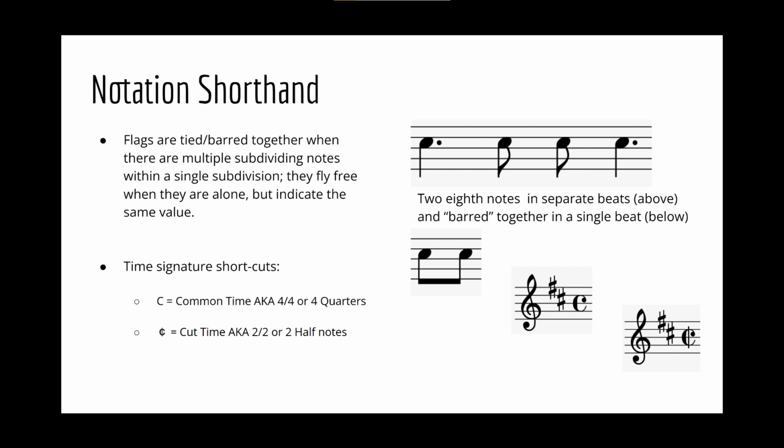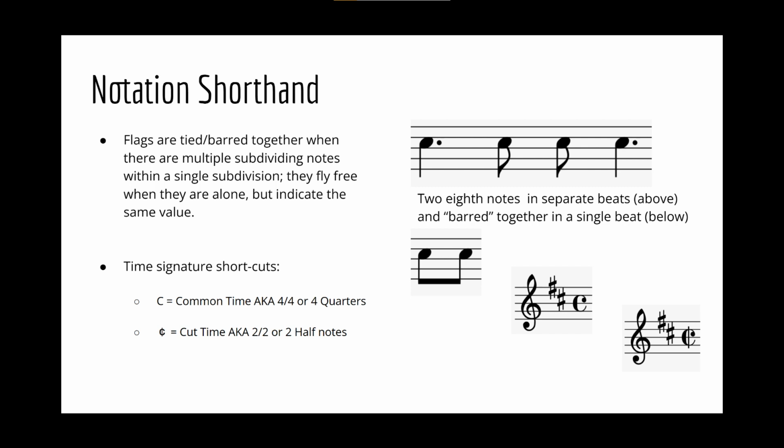So the flag is usually artistically curled up rather than tied together, because flags being tied or barred together indicates grouping within a beat. And remember, when we talked about that in common time, that's how you can tell what the emphasis of the beats were.